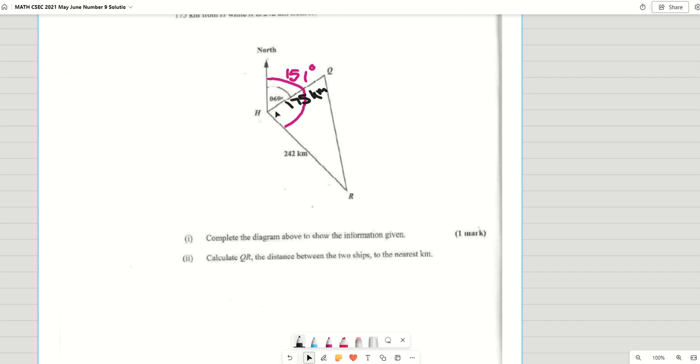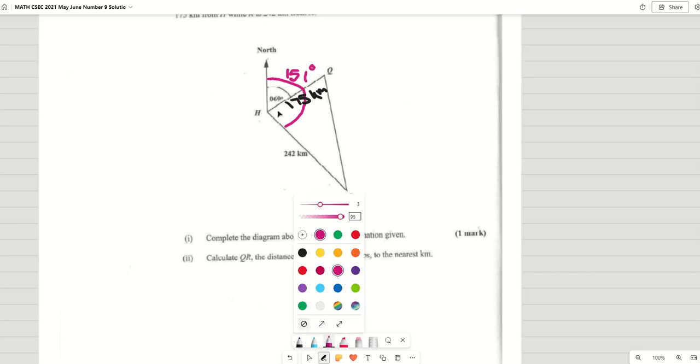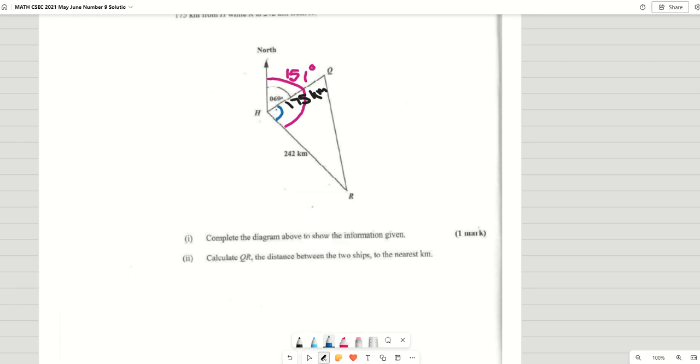The only angle that we can find out here is this angle here. Now this angle here is the difference between 151 and 69. So it would be 151 minus 69, which is equal to 82.